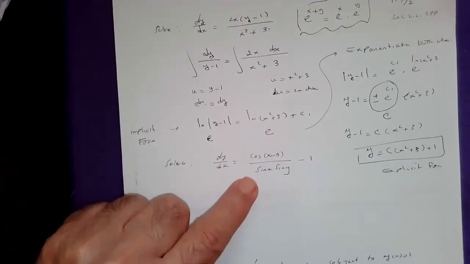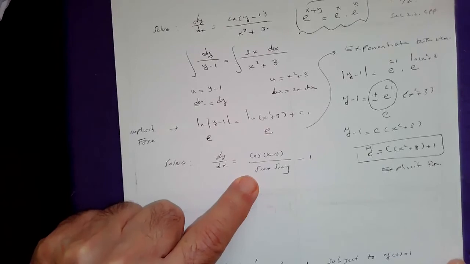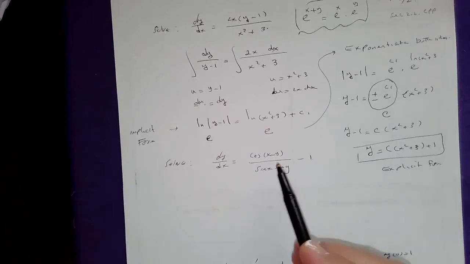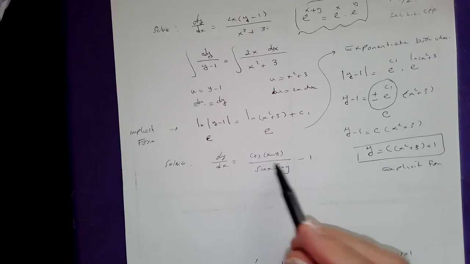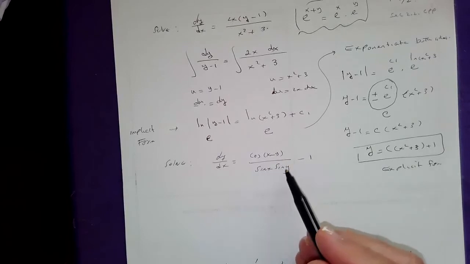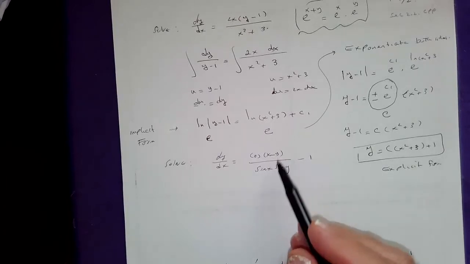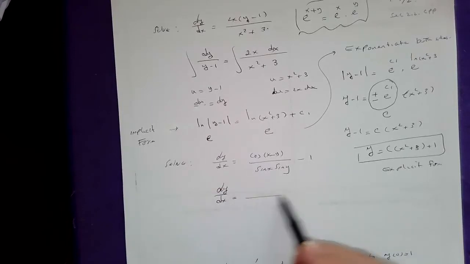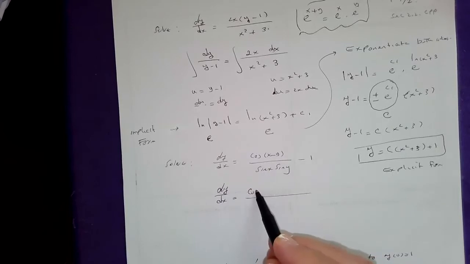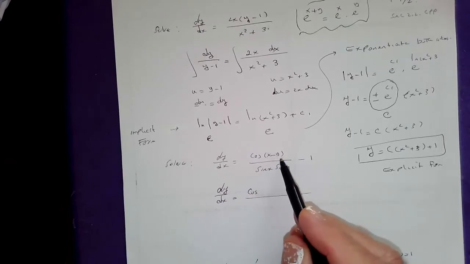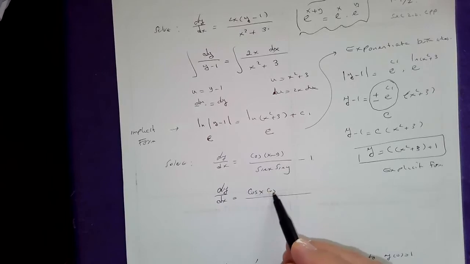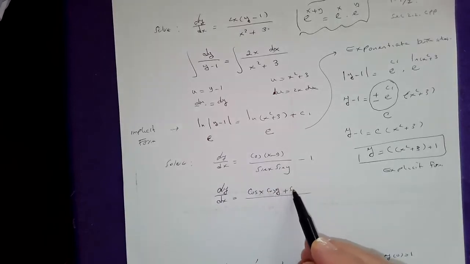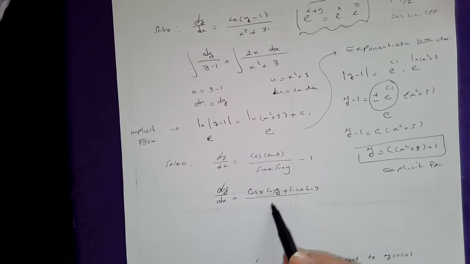Remember I said sometimes you should look for plus or minus between x and y. But even though there is a minus between x and y, chances are I might be able to separate this. How about if I write this as dy dx equals cosine x cosine y plus sine x sine y over sine x sine y minus 1?